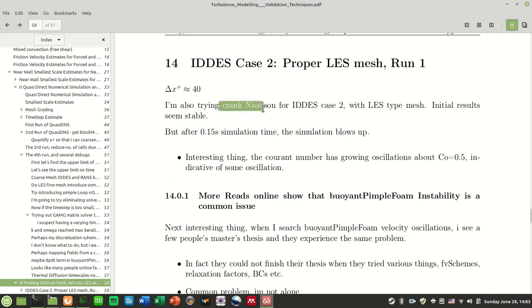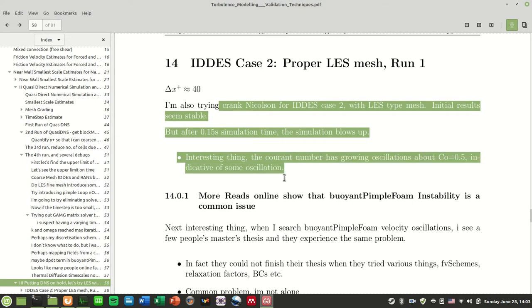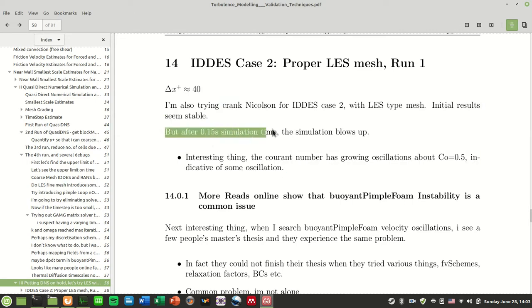And I try the Crank-Nicolson time scheme with the LES mesh. After 0.15 seconds of simulation time, the simulation blows up. Even this blows up at about 0.15 seconds of simulation time when you have this periodic setup.